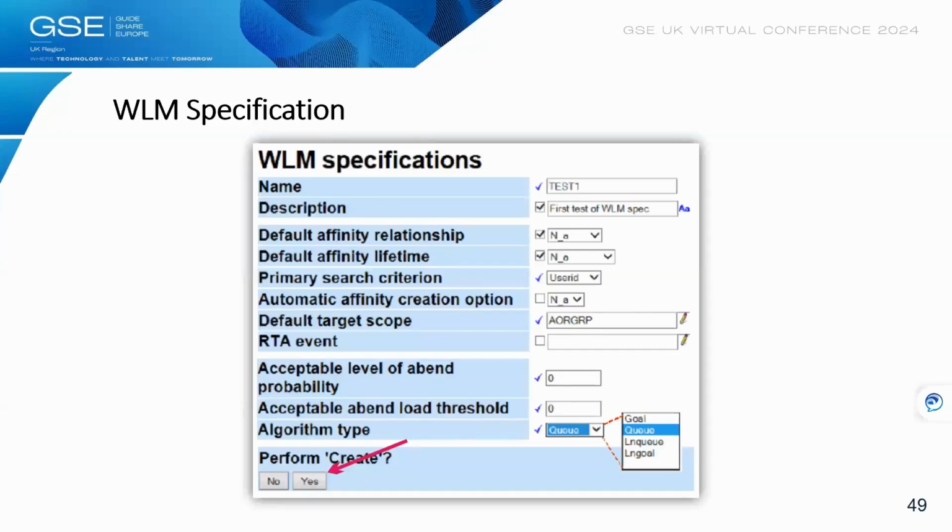The specification in my case says, I have no affinities, I have no search criteria. Effectively, I'm saying for the specification called test one, send the workload to any one of these 6 AORs. Who cares? And then I perform the create. I also have to choose the algorithm type to use, the workload manager goal mode or just the queue algorithm, which is kind of round robin if it has to.